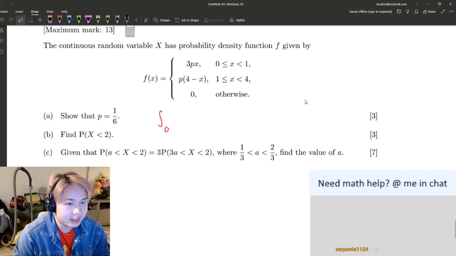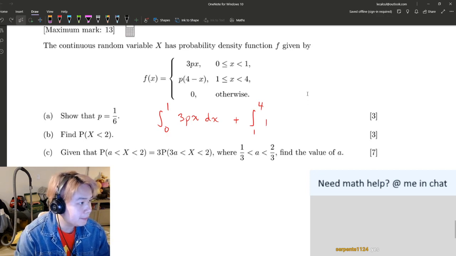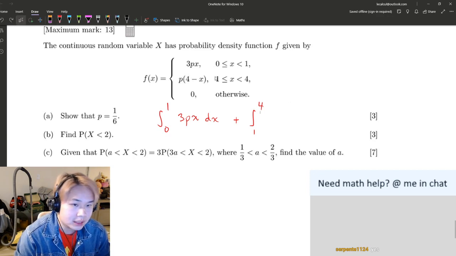So I've got to integrate this in parts. So first from 0 to 1, and then that's going to be 3px dx. And then 1 to 4 of... well, I'm going to multiply this p in. Well, actually, does it even matter?